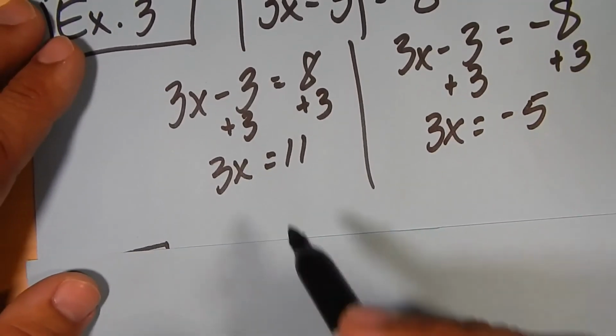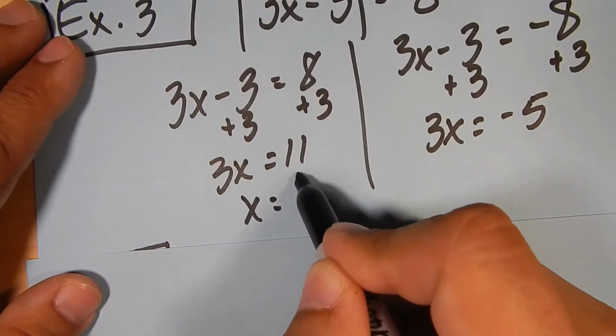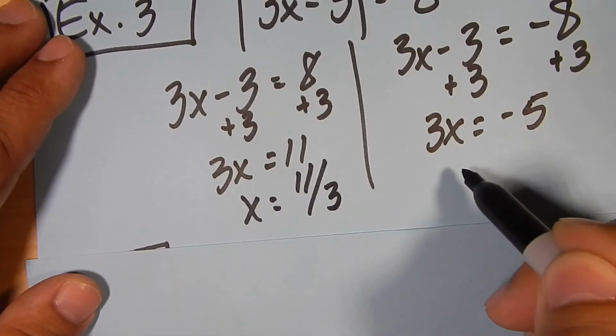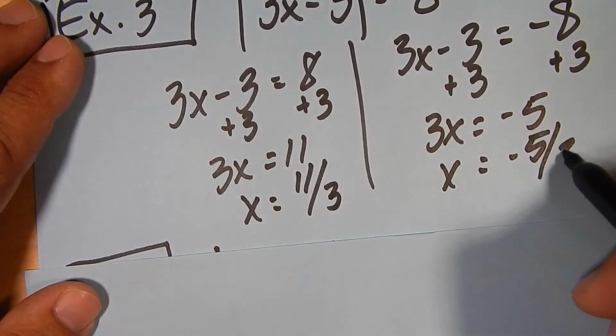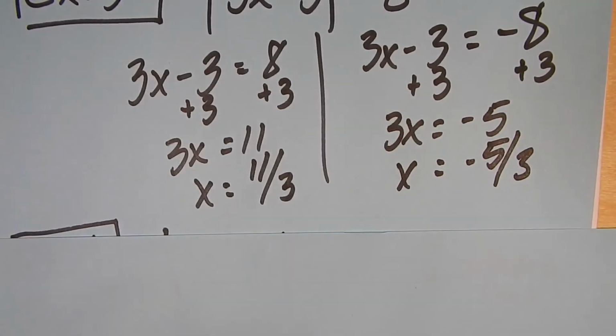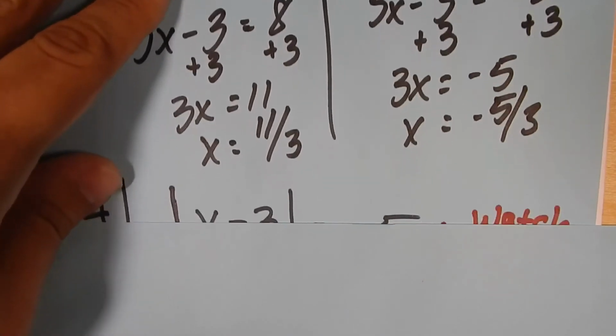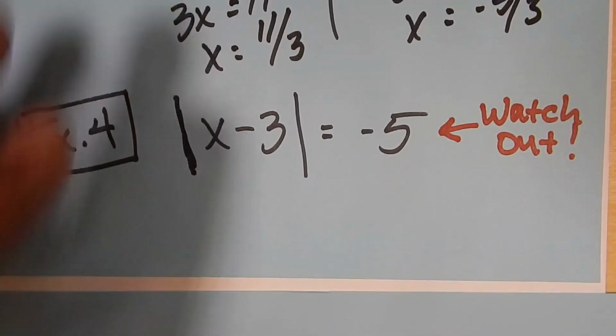And then we divide by 3. So x is 11 thirds, or x is negative 5 thirds. So we can get fractions for these. You can get decimals. Those are all fair game. Let's take a look at the last one, and then we'll wrap up.